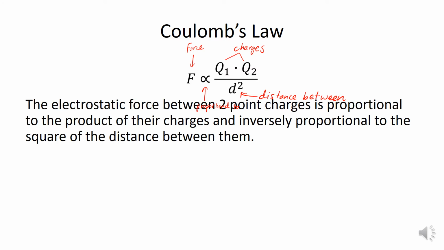Okay, the electrostatic force between 2 point charges. Point charges just means 2 points in space. You have the charge there and there. Okay, it is proportional to the product of their charges and inversely proportional to the square of the distance between them. Now we had something very, very similar, but on a completely different topic when we did gravitational force.